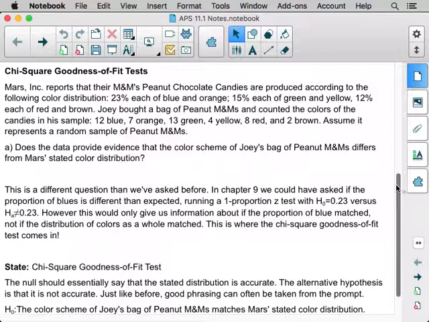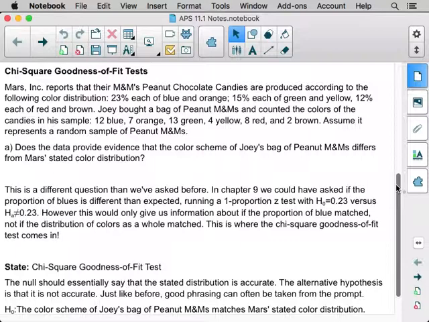So, Joey bought a bag of peanut M&Ms and counted the colors of the candies in a sample. He got 12 blue, 7 orange, 13 green, 4 yellow, 8 red, and 2 brown. Assume that this represents a random sample of peanut M&Ms. And what we want to do is discuss, does this data provide evidence that the color scheme of his bag differs from what Mars Incorporated says that the color distribution should be?